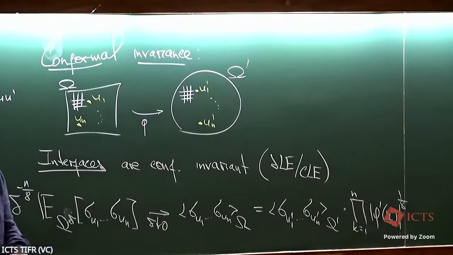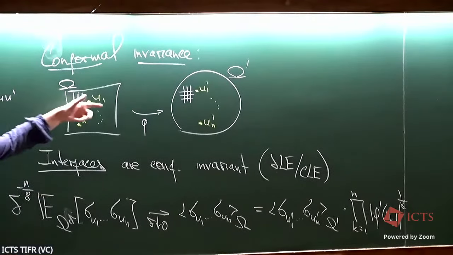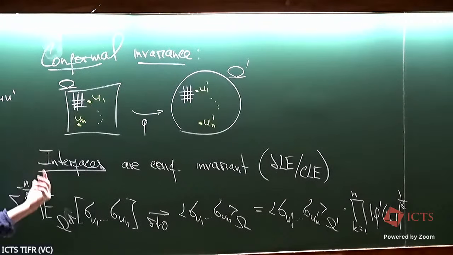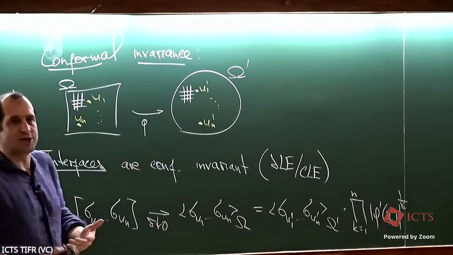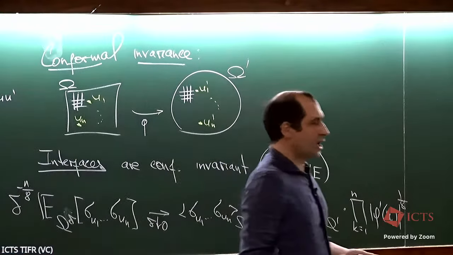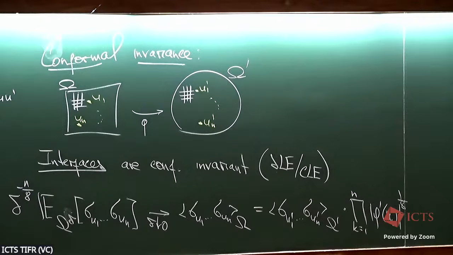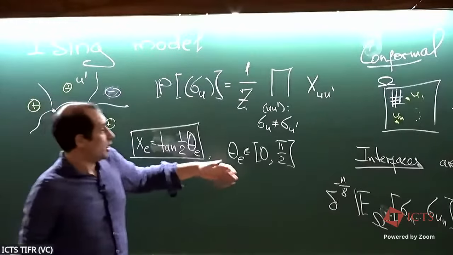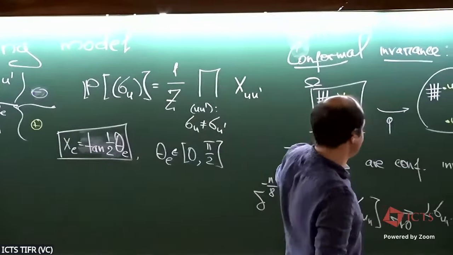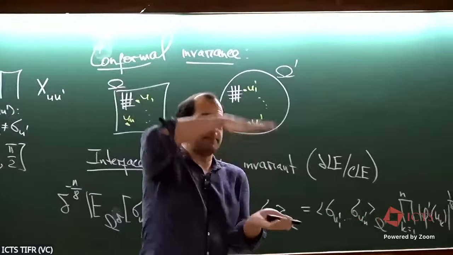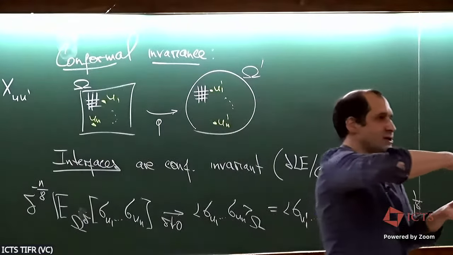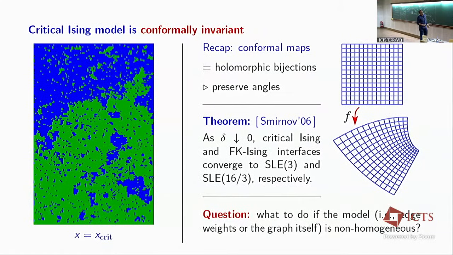For instance, you can think about the same parameters on horizontal bonds, and some other parameters on vertical bonds. So this is not a fully homogeneous model, but something very, very regular. And then it's known what the criticality condition is. Actually, if you have just two parameters, then the criticality condition is that the sum of the two thetas is pi over 2. And the limit will not be the same. The limit will be just squashed in one of the directions, so it will lose even rotational invariance.